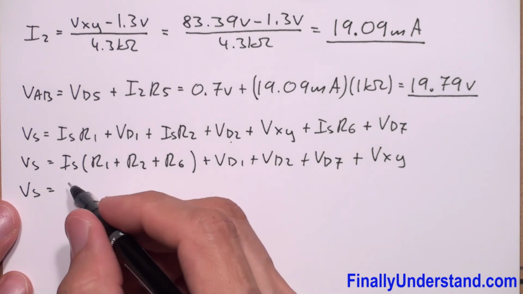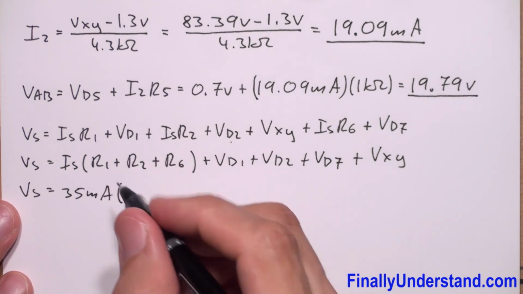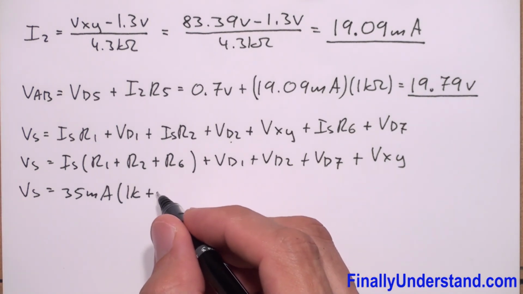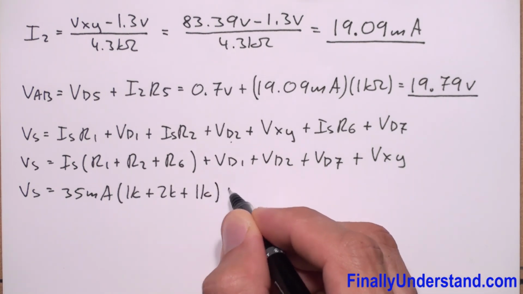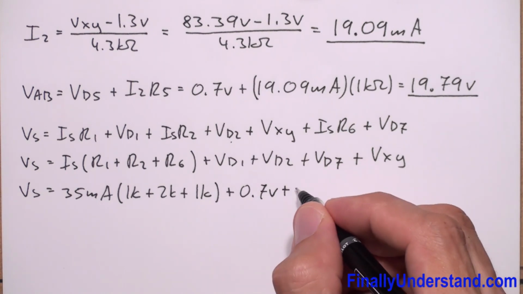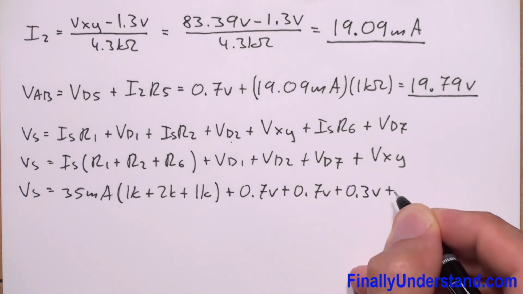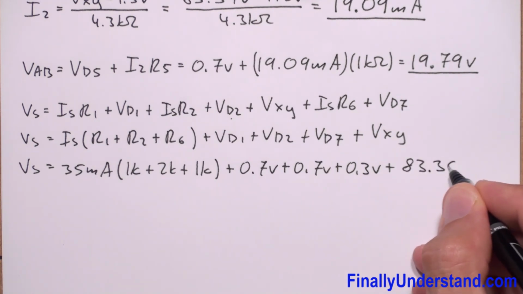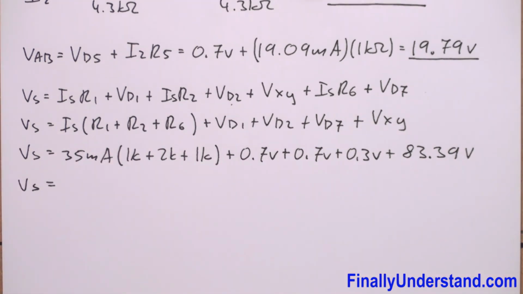So plug in the numbers. Voltage source is equal to I source, 35 milliamps, times R1, which is 1 kilo, plus R2, which is 2 kilo, plus R6, which is 1 kilo, plus VD1 0.7 volts plus VD2 0.7 volts plus VD7, which is 0.3 volts, plus VXY, which is 83.39 volts. Now I'm going to use the calculator.